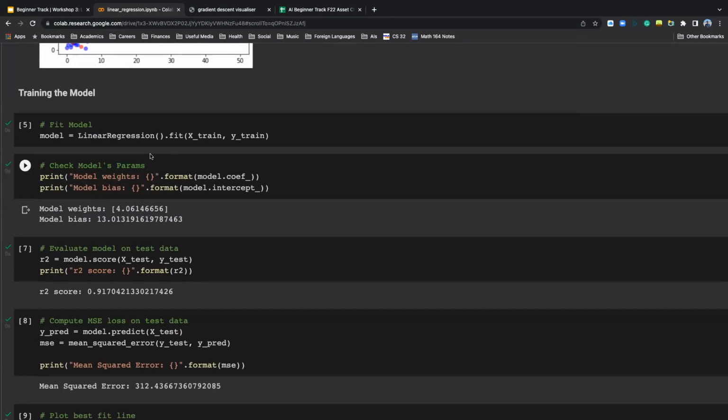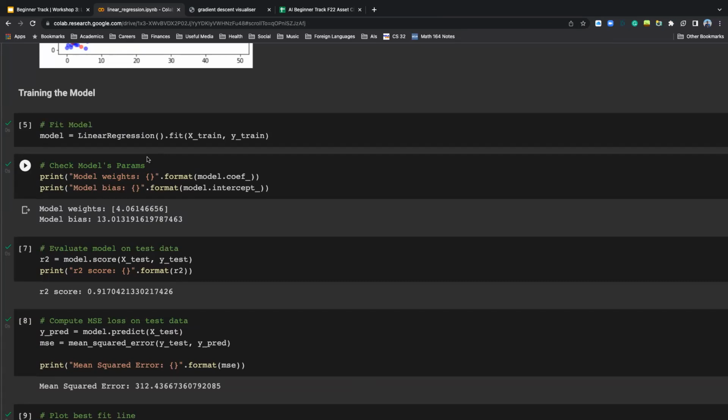Basically, for linear regression in any number of variables, there's a set algorithm in math you can use to calculate the best weights and biases. But in more complicated models like neural networks and logistic regression, which is the next topic, there is no closed form solution, no mathematical way, so the model has to use gradient descent. The gradient descent would happen in this call, where it looks at the training data and tries to memorize the trends in the training data.